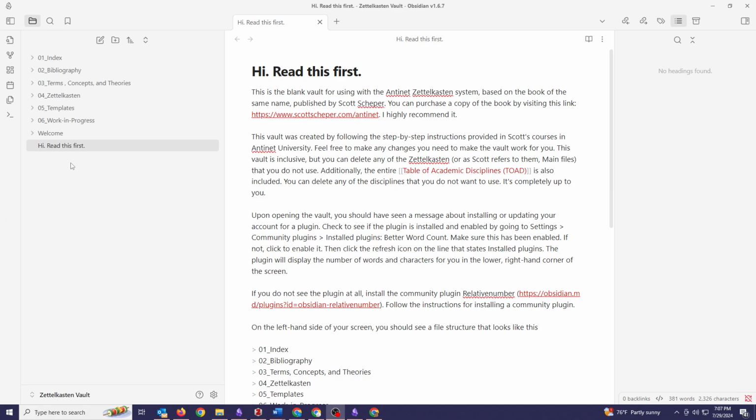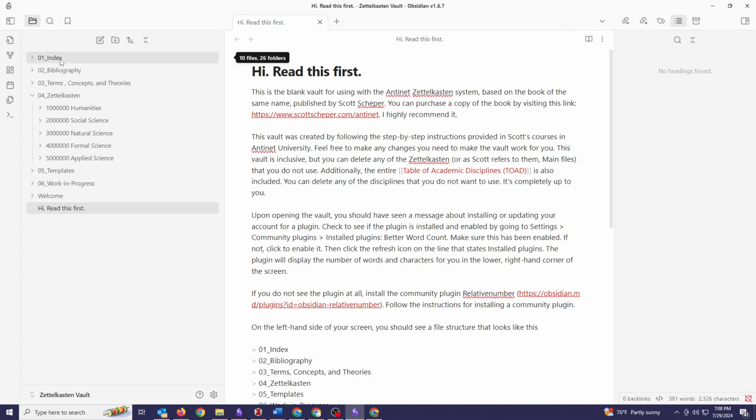Okay, so the Zettelkasten cards are a little bit different than all of the other boxes. We had the index box with its A to Z tabs, the bibliography box with its A to Z tabs, and the terms, concepts, and theories box with its A to Z tabs.